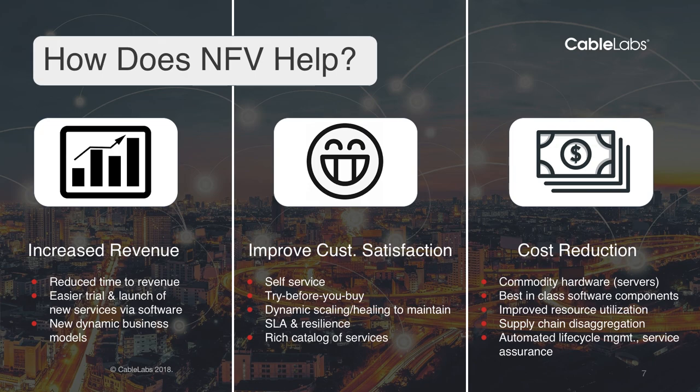The third benefit is cost reduction. The first is commodity hardware. With commodity hardware, you get the benefit of servers that are used across enterprises, web scale, etc. So these are very high production servers, and therefore the costs are lower. Best-in-class software components.